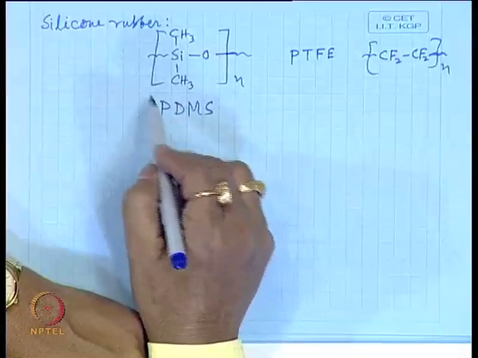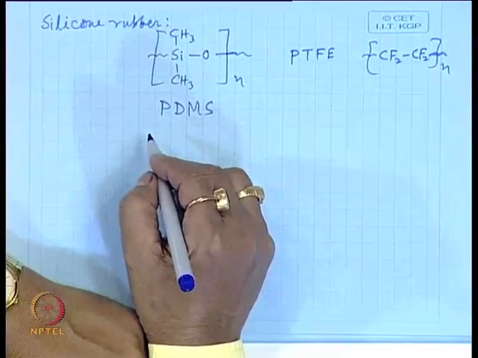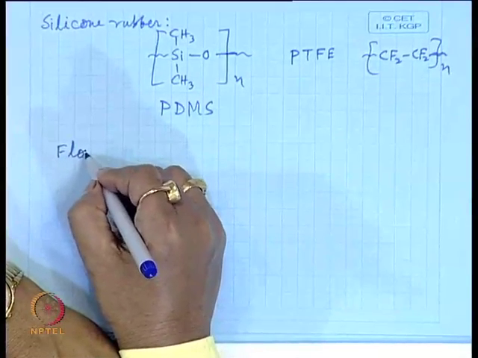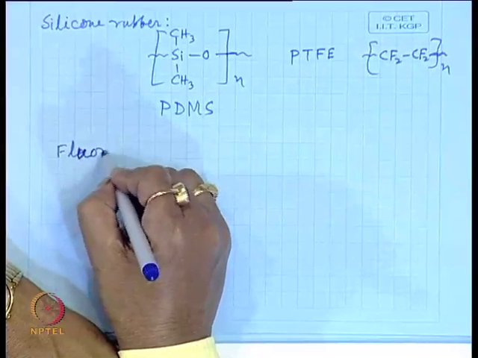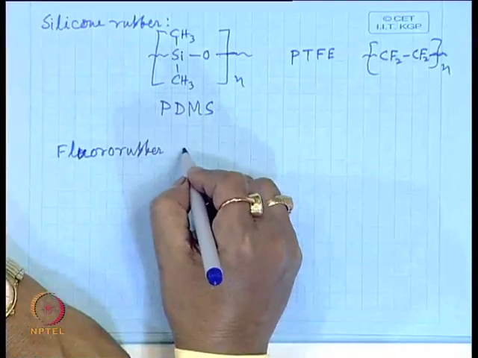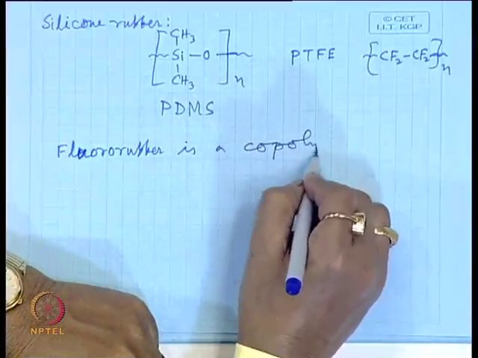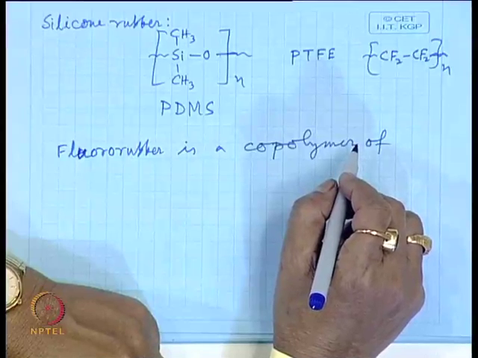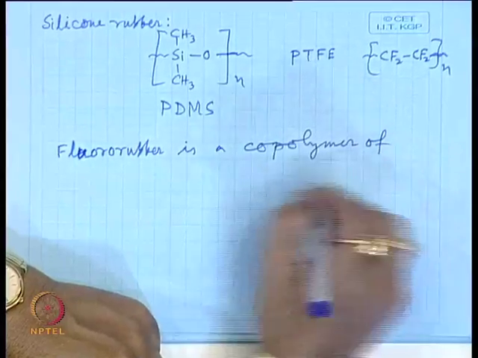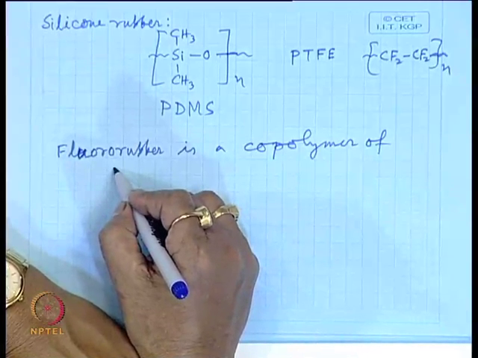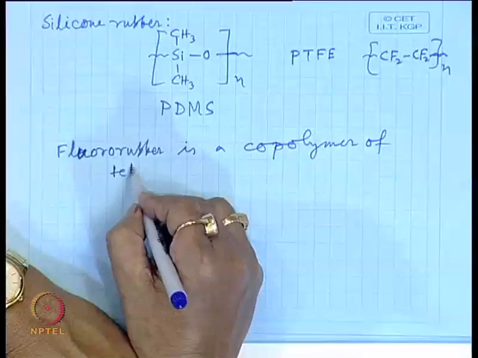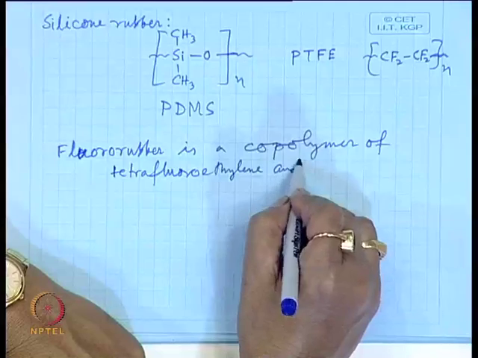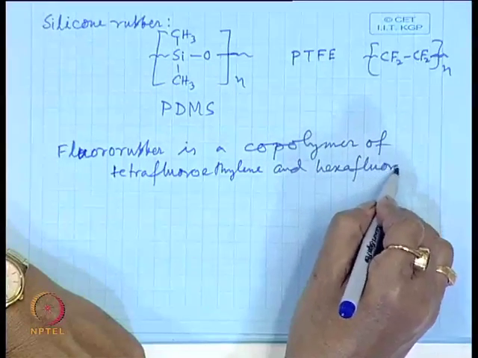Fluororubber is a copolymer of tetrafluoroethylene and hexafluoropropylene.